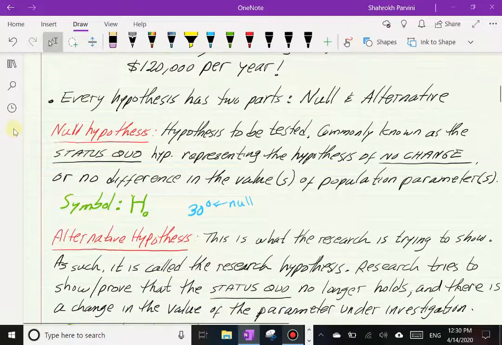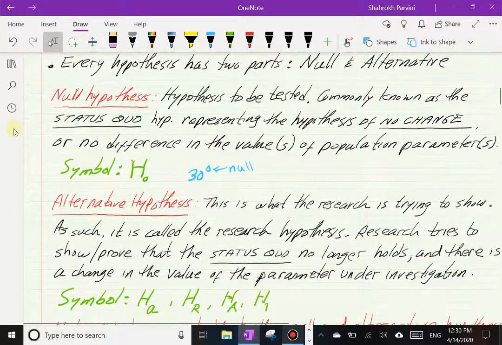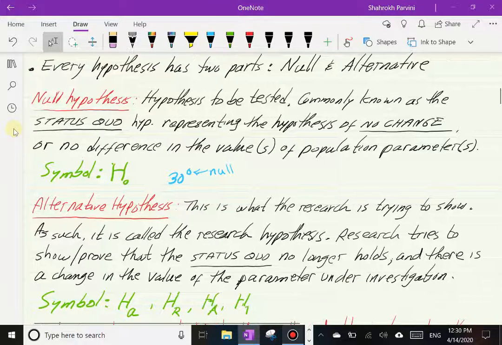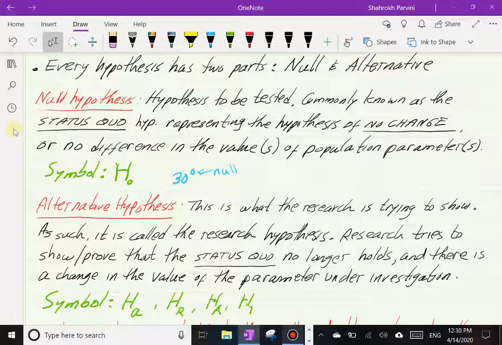Then every hypothesis must have what we call an alternative hypothesis, which quite commonly is referred to as the research hypothesis. This is the part that research actually tries to show or prove. It tends to go in the other direction from the null hypothesis, the status quo.